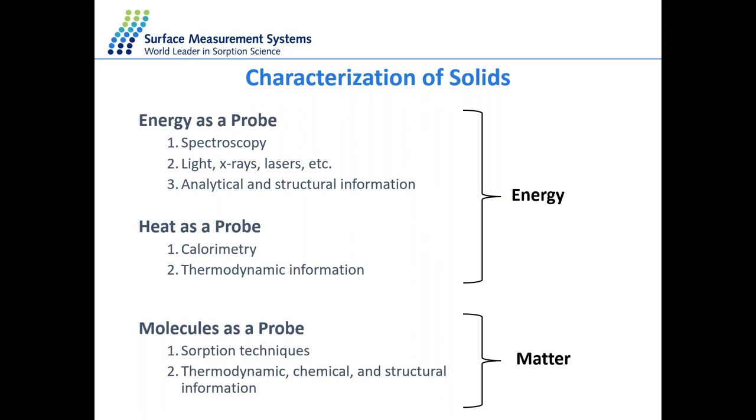For example, spectroscopy or X-ray usually use energy transfer on the sample to collect information. Calorimetry or thermodynamics, TGA, for example, will use energy. DVS, on the other hand, uses molecules, so uses matter, to collect information in regard to the sample itself.